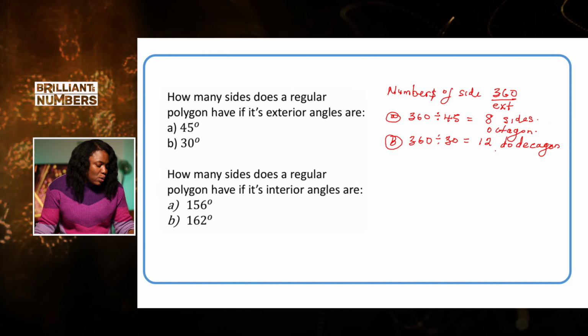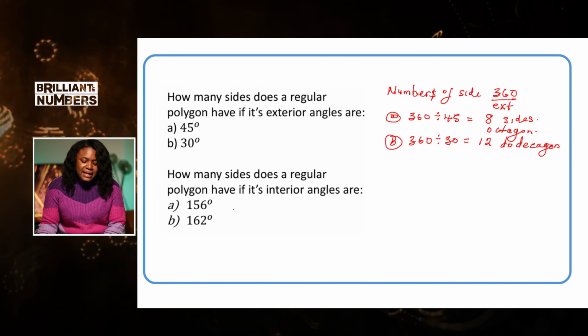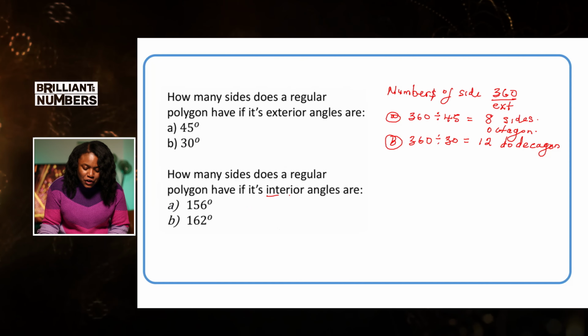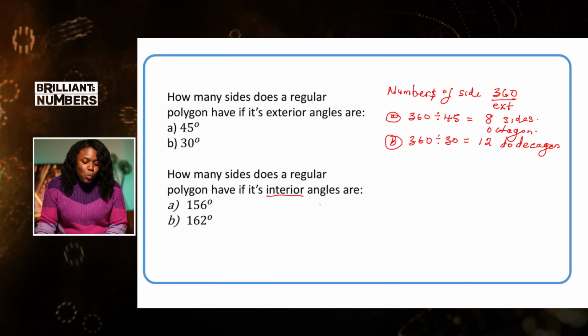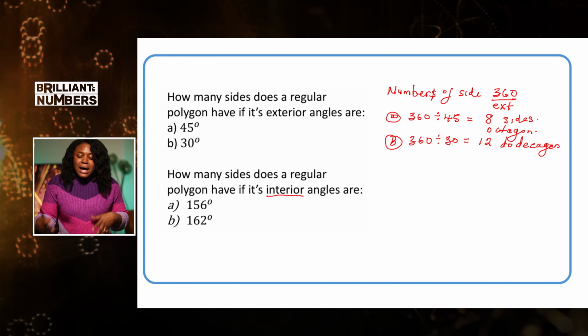Okay, now the next question says, how many sides does a regular polygon have if its interior angles, I'm going to underline that, are 156 and 162. I know you'll be tempted to just do the same principle that we did in the first one. But the difference is that the first one gave us the exterior angle, and this one gives us the interior angle.